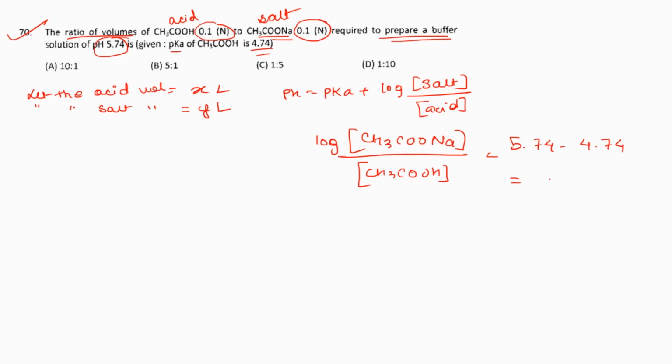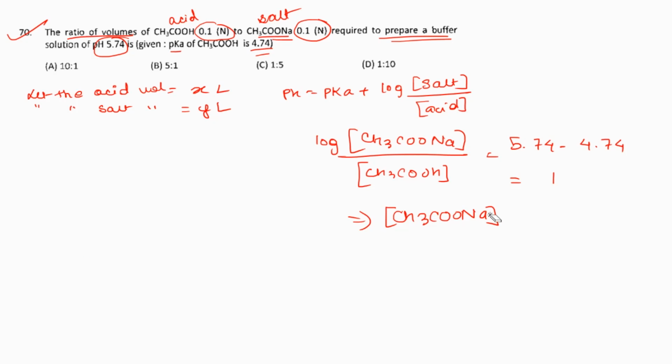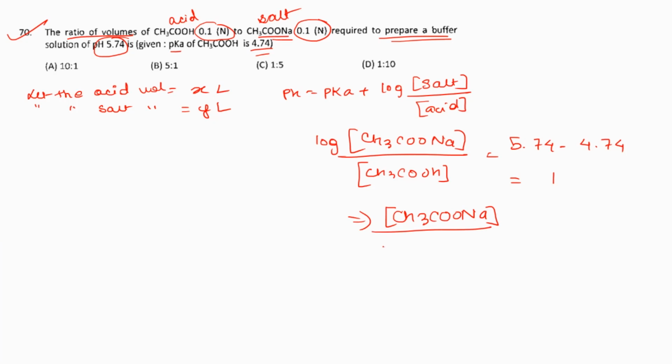That turns out to be 1. So if I take the antilog on both sides, I get CH3COONa divided by CH3COOH. Now I'm just taking the concentrations over here. I get it to be 1/10.